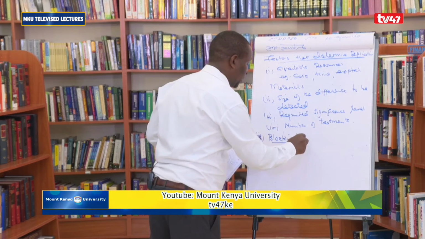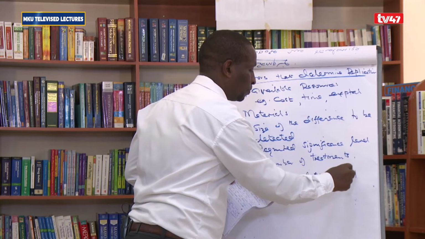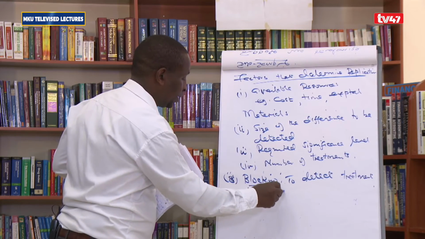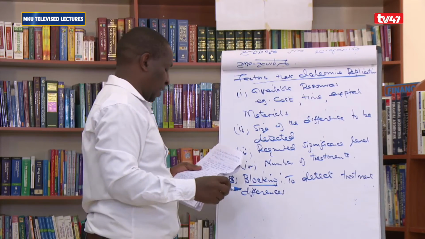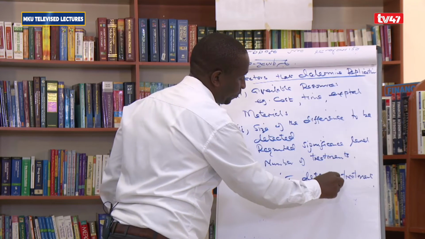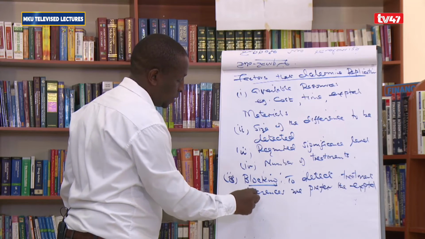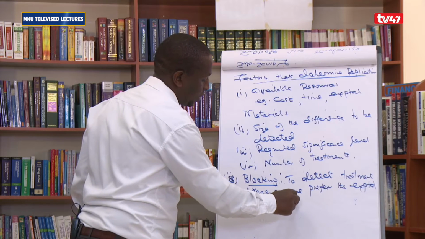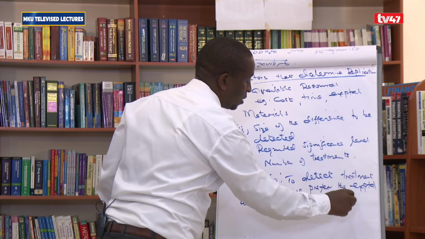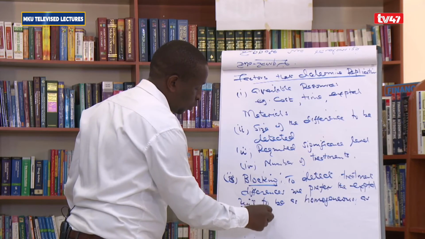So we say that to detect treatment differences, we prefer the experimental units to be as homogeneous as possible, or uniform.